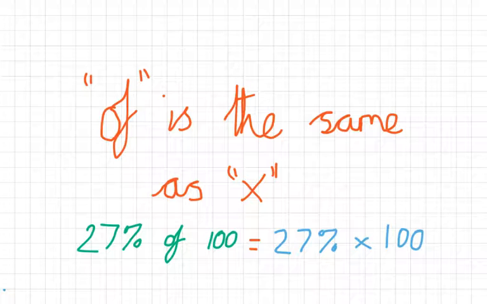So if you ever see a question that says 27% times 100, it's just 27% of 100, which is 27. I'm not going to talk about that too much today because it will come up again and again during the week. Of is the same as multiplied.